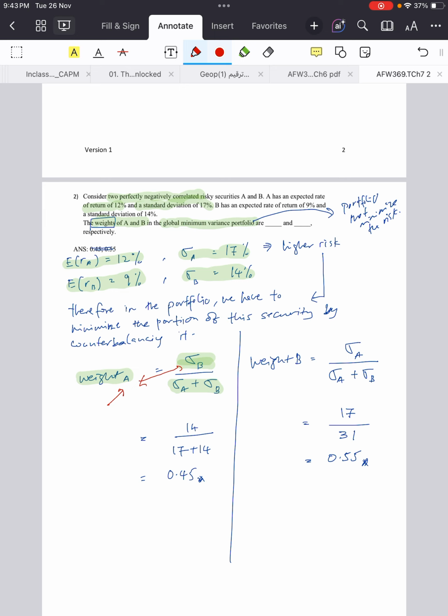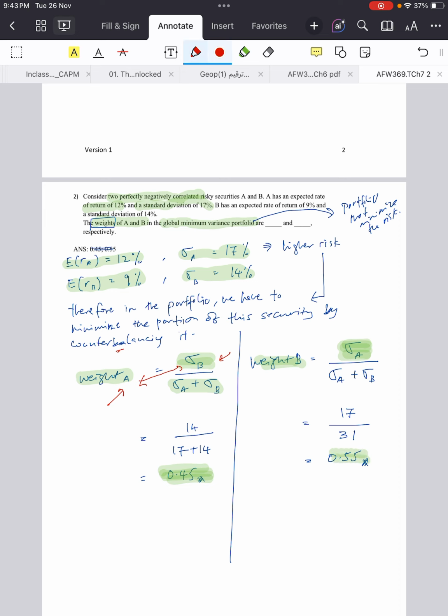So how do we minimize the portion? We need to counterbalance it. That's why you have standard deviation B as the numerator here. Now for weight B, you also do the same. Instead of standard deviation B, you use standard deviation A. If you calculate, you should get the weight for A is 45% and the weight for B is 55%.